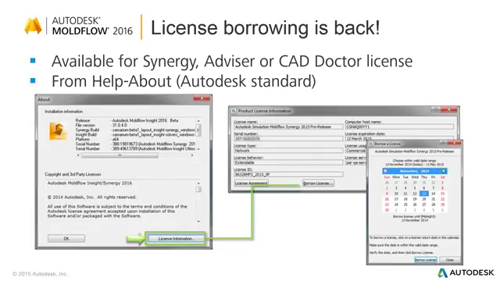So that license will be checked out. You basically will be temporarily located on your machine, your laptop. You can bring it to China and use the product at that point.